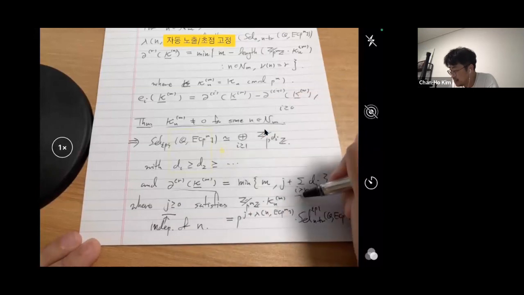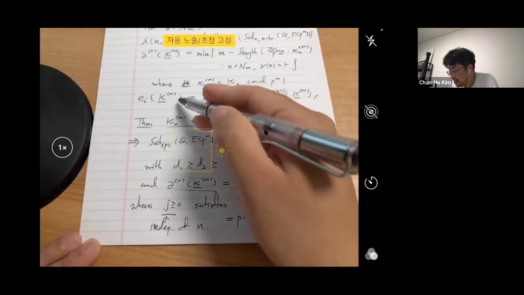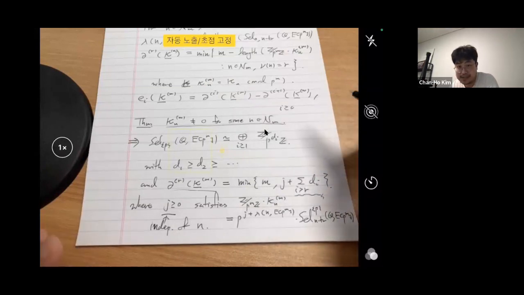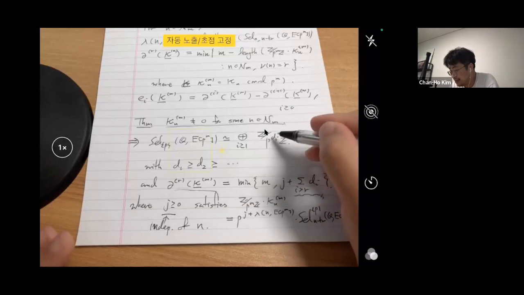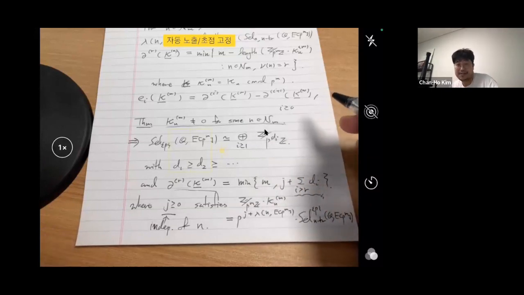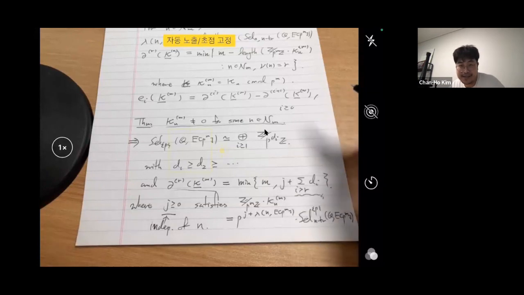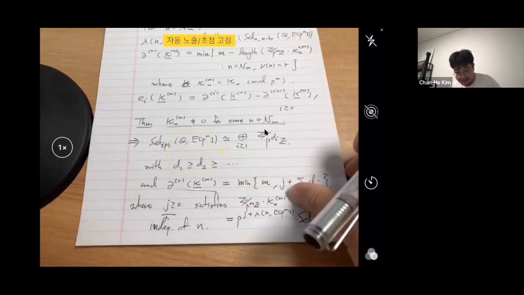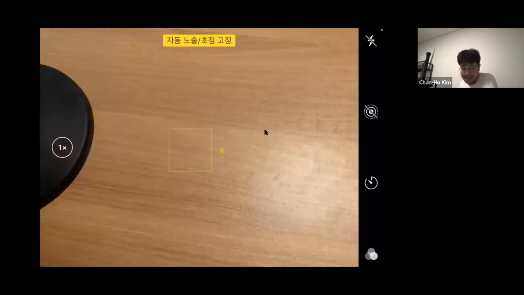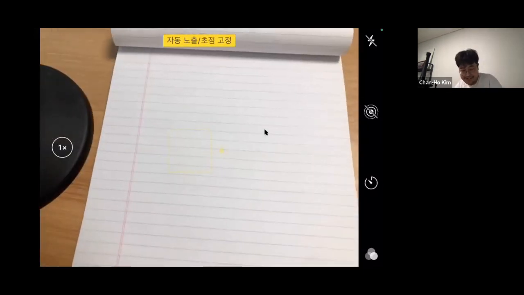Because of this, this e_i plays the role of the elementary divisor for this finite abelian group. That's the statement. And okay, let me briefly sketch, not really a proof, but how it works.